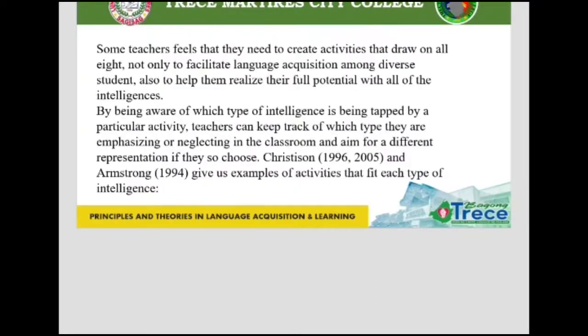Next, some teachers feel that they need to create activities that draw on all eight, not only to facilitate language acquisition among diverse students, also to help them realize their full potential with all of the intelligences. By being aware of which type of intelligence is being tapped by a particular activity, teachers can keep track of which type they are emphasizing or neglecting in the classroom and aim for a different representation if they so choose.